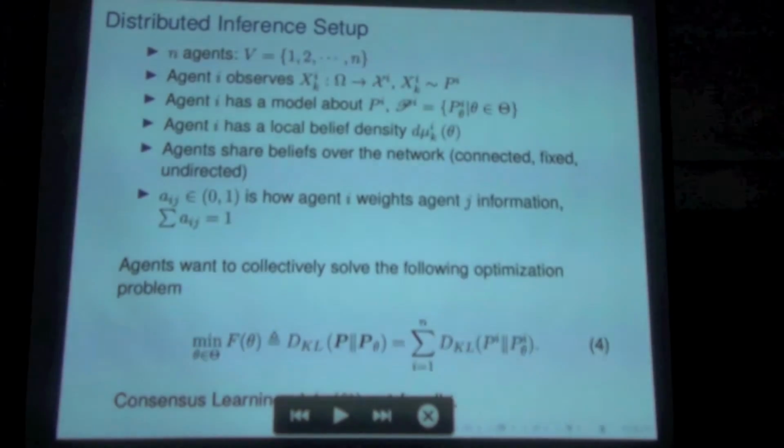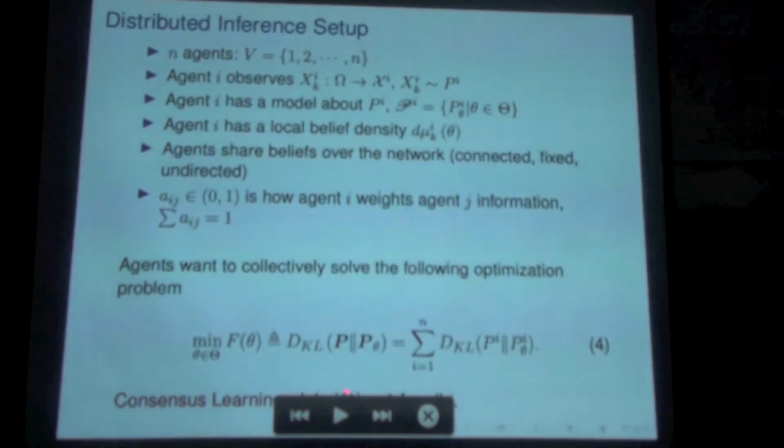So it's just the same consensus problem in terms of KL divergence. Correct. So we're going to find a single theta that explains all the observations in the network in the sense of Kullback-Leibler divergence. The models may be different. The models might be different, yes, but I'm going to find a single theta. Right.